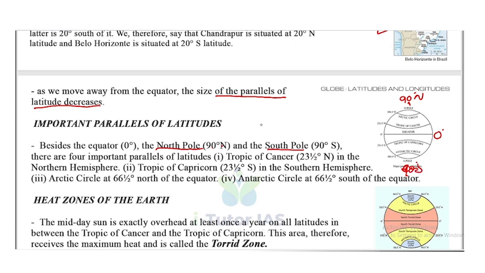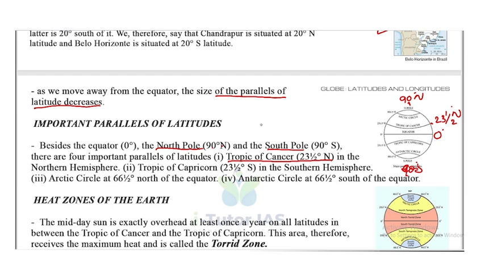Now, this line, 23.5 degrees north, is called the Tropic of Cancer, in the northern hemisphere.